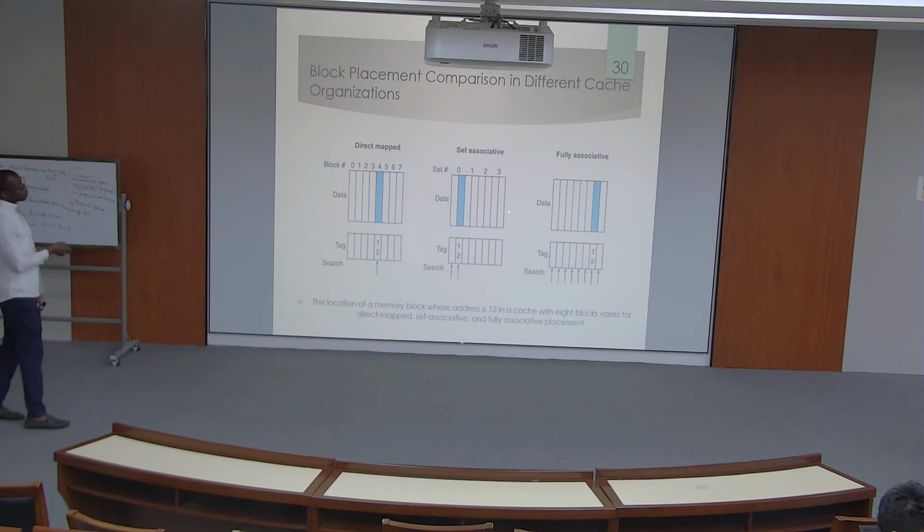Here we have 4 sets. This is the number of sets: 1, 2, 3, 4. Now we need to load block number 12 from the main memory. In which set does the block need to be loaded? We do the block number mod the total number of sets in the cache.